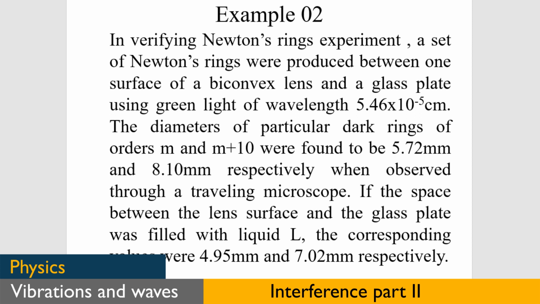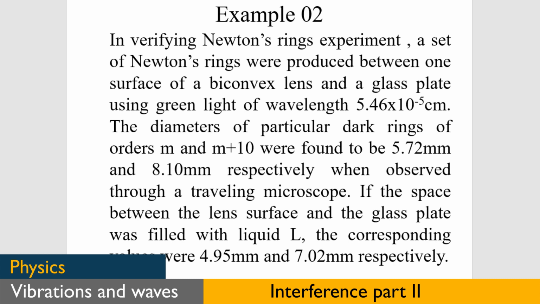We find that the values, instead of being 5.7 or 8.1, change to 4.95 and 7.02. It means the diameter of the m-th ring, which was 5.7, is now 4.95. Instead of 8.1, it will be 7.02. That has now been reduced.